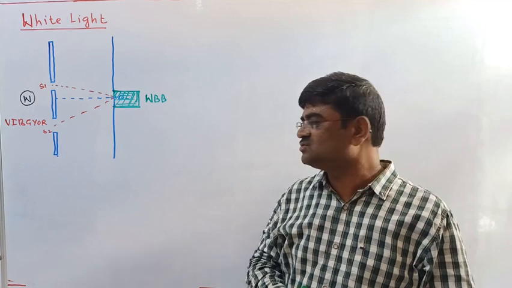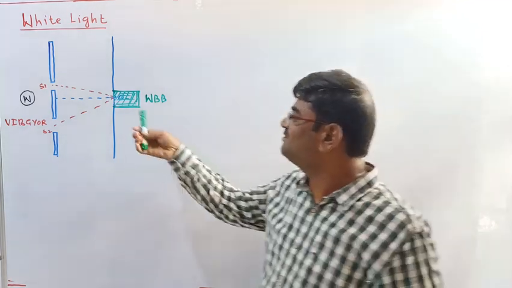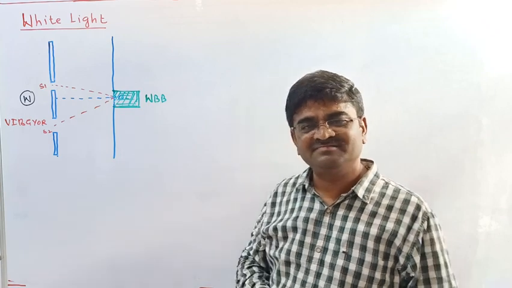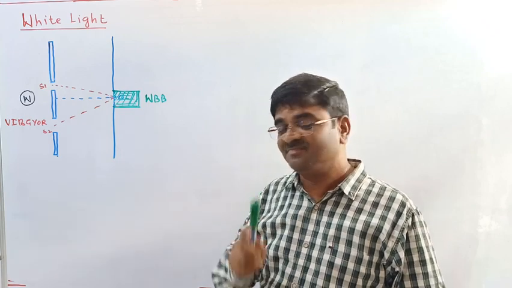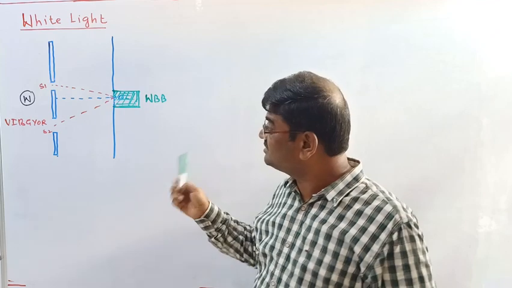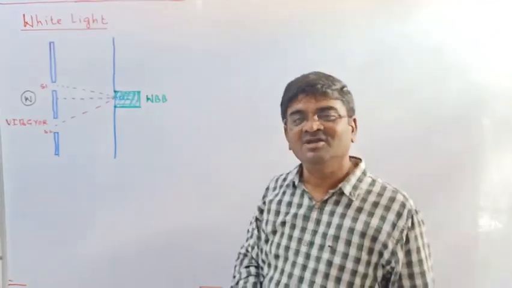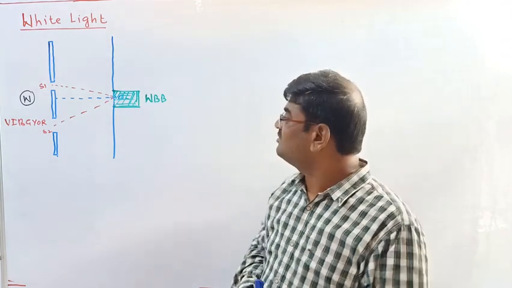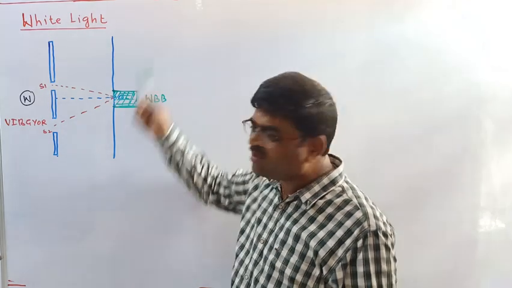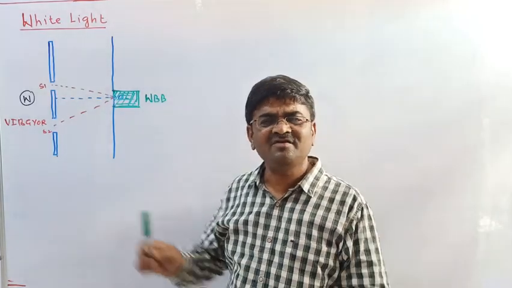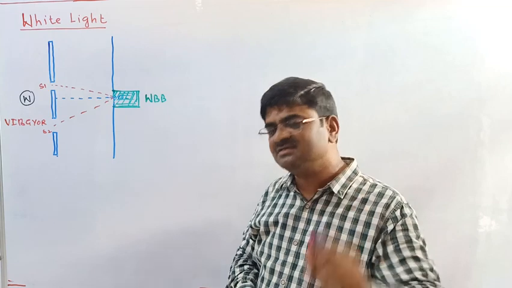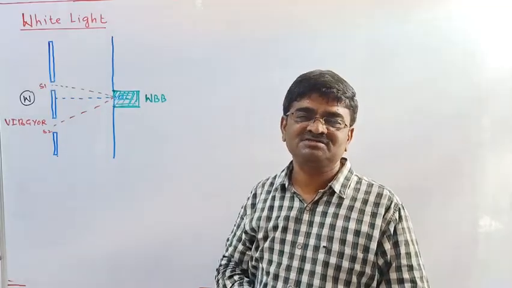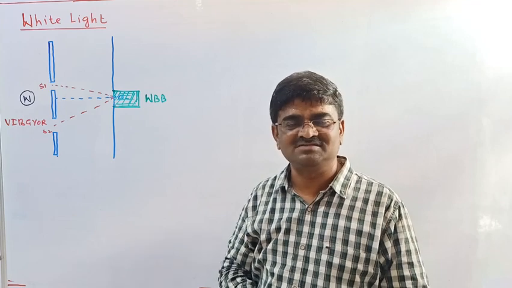With a monochromatic source, this bright band was accompanied on both sides by alternate bright and dark bands. But mind that in the present case with a white light source, I no longer get dark anywhere. Rather, at every place, whichever you take, I will have at least one of the wavelengths out of 7 which satisfies the condition for constructive interference.